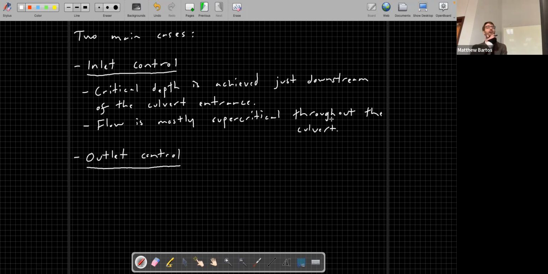Okay, so why is this case easier to analyze? So what happens when you achieve critical depth near the entrance of the culvert? Think back to the problem on homework 1 you had with the flow coming out of a lake. You remember that in that problem, the critical depth was achieved near the mouth of the channel that was receiving the water from the lake.